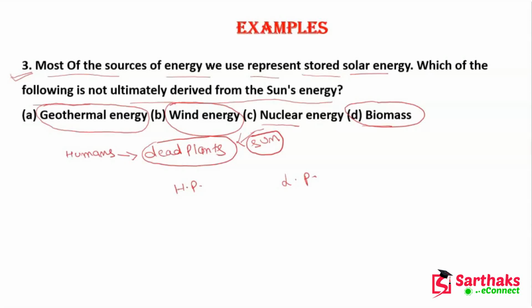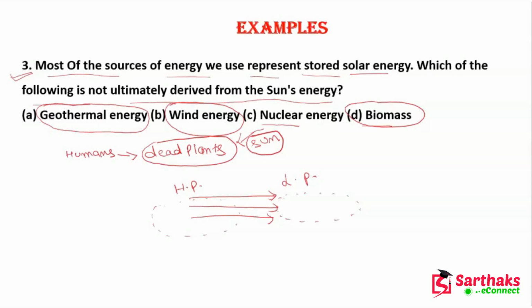Let's suppose here on this region there is a high pressure area, and let's suppose this is a low pressure area. So wind will blow from high pressure to low pressure, and this is used as wind energy to generate electricity.